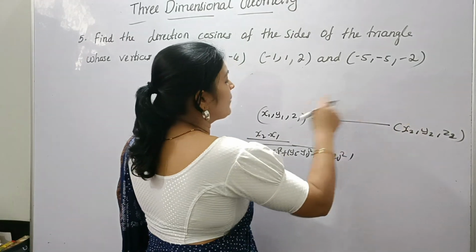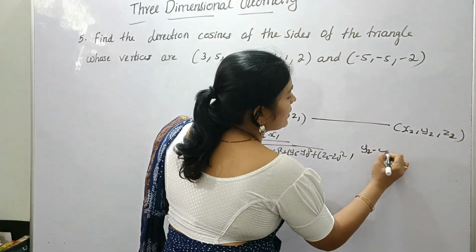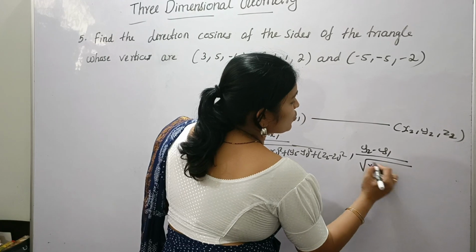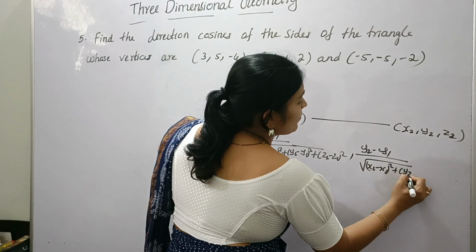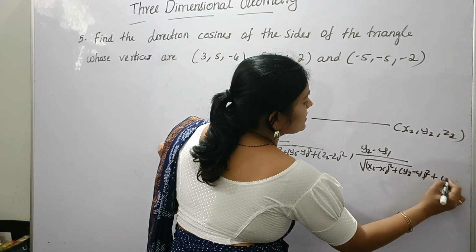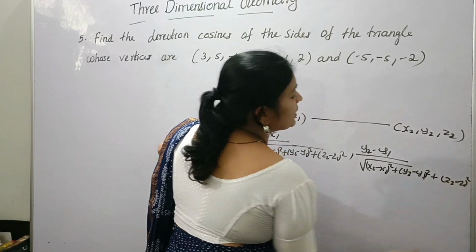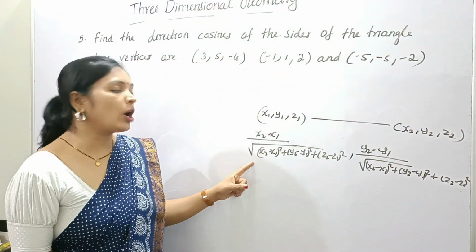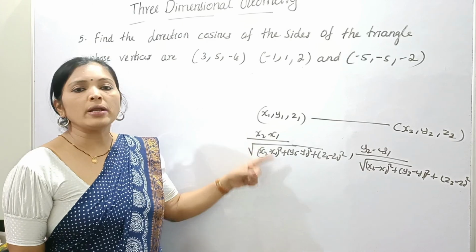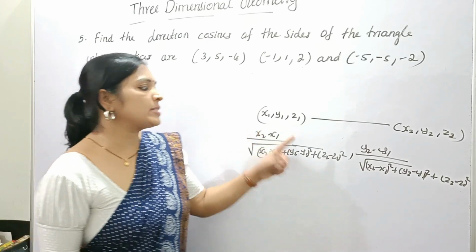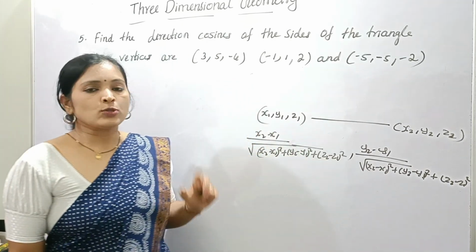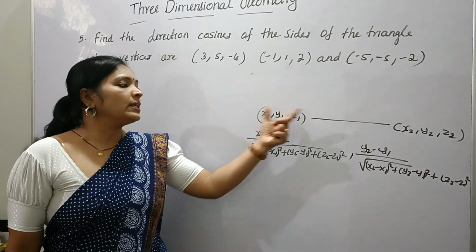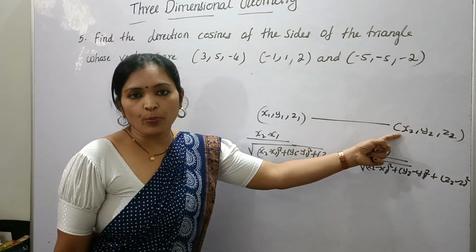Next is y2 minus y1 divided by the same root, and next is z2 minus z1 divided by the same root. These are the direction cosines of the line joining these 2 points.